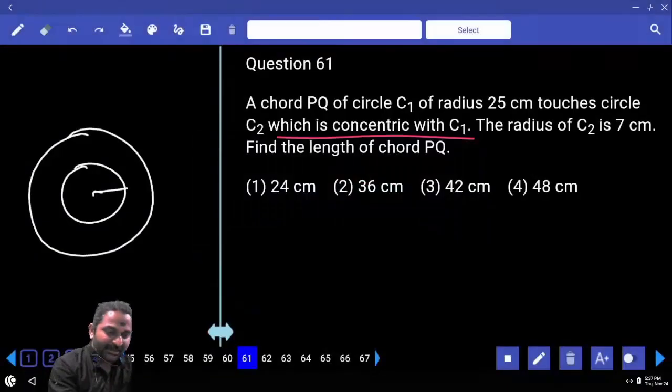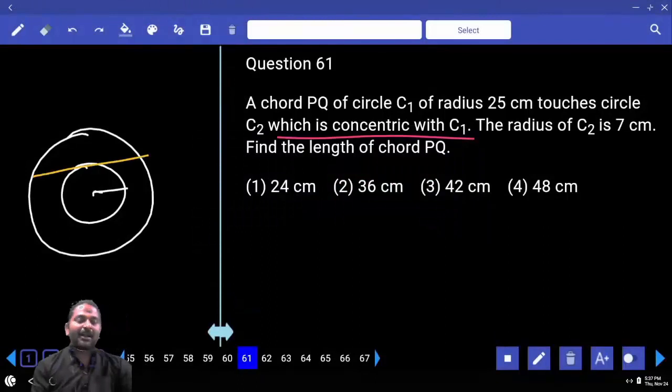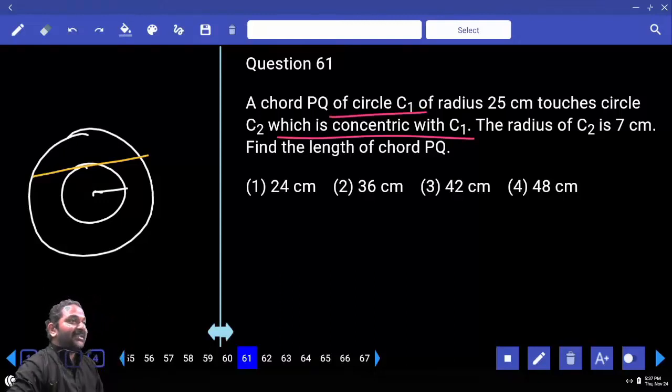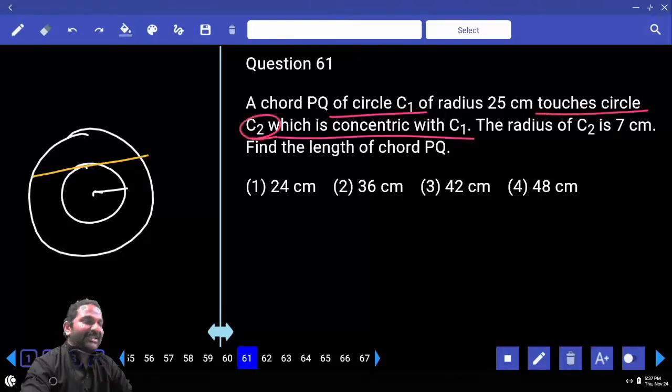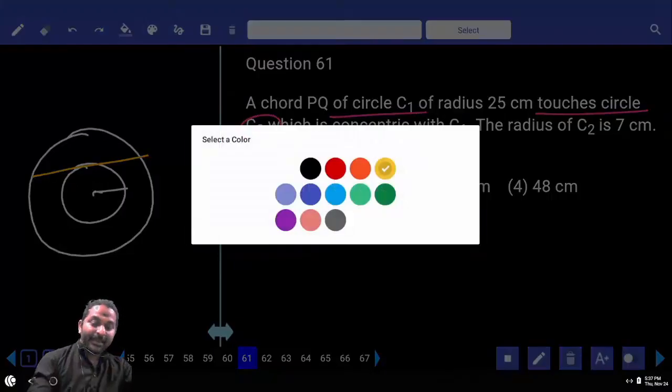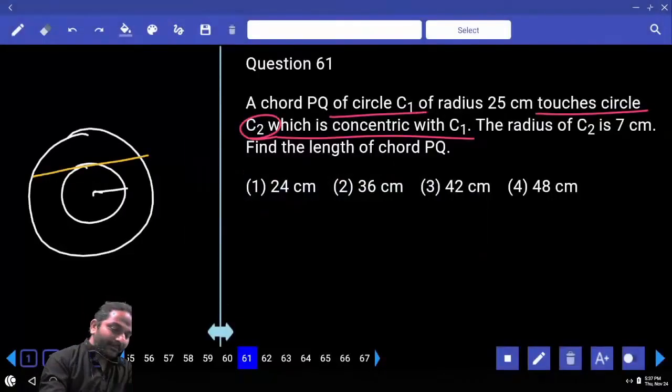Let me change the color. There is a chord PQ of circle C1. C1 radius is 25 and which touches circle C2. So chord touches circle C2. Agreed? C2 radius is 7. C1 radius 25.